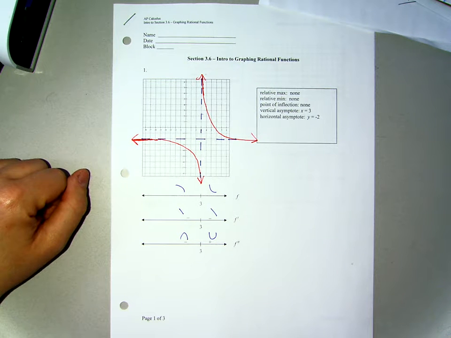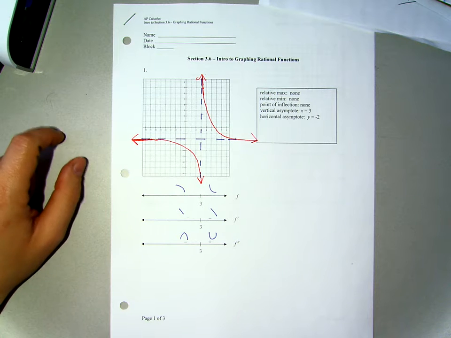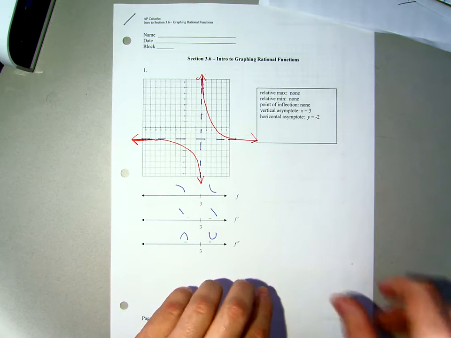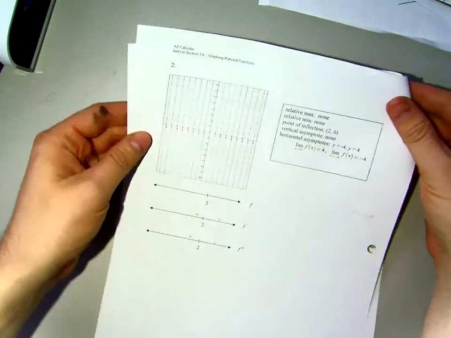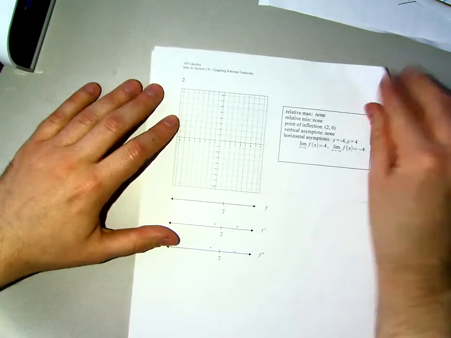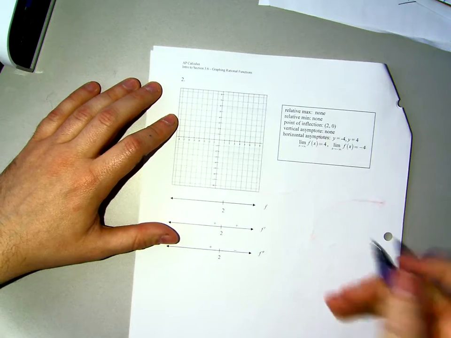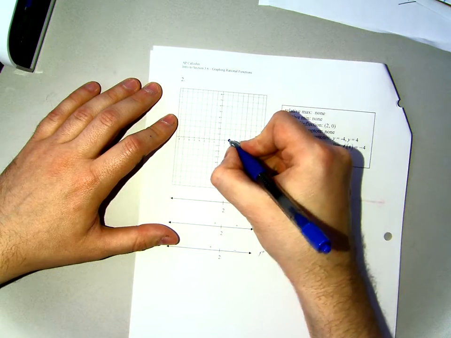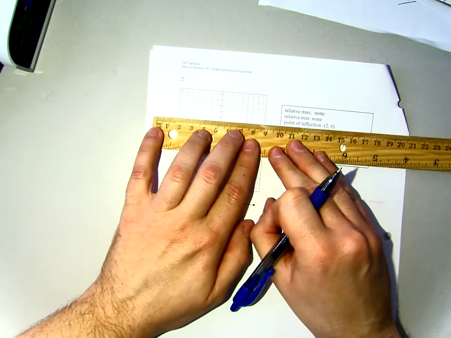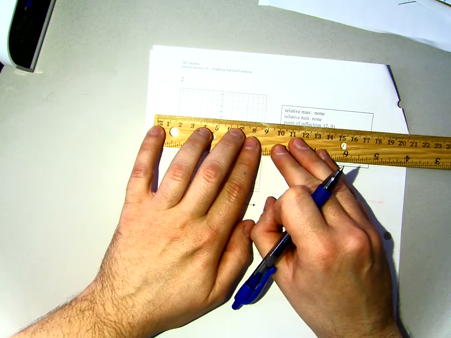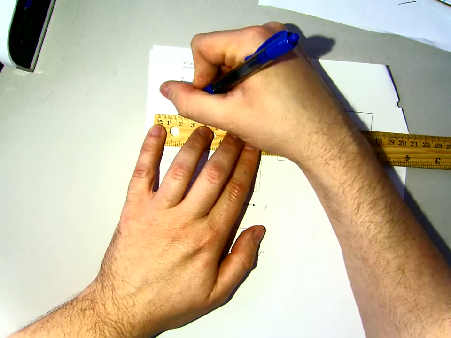Not too bad yet. Do everything but the graph for number 2. Ignore the limit part for right now. Just graph those two asymptotes.